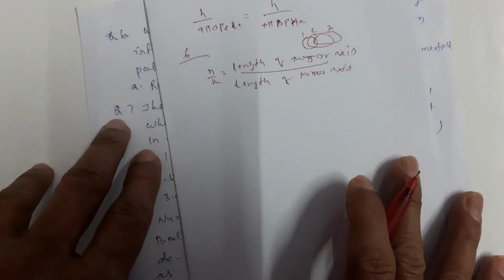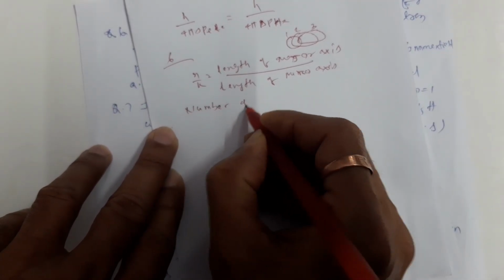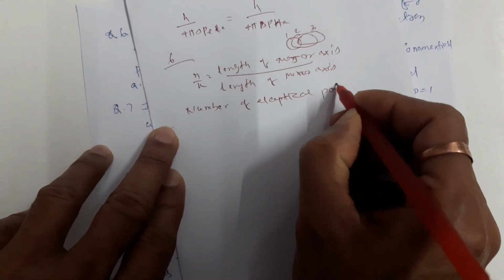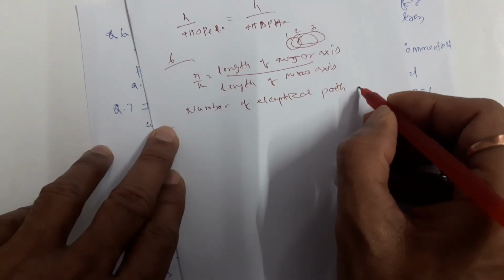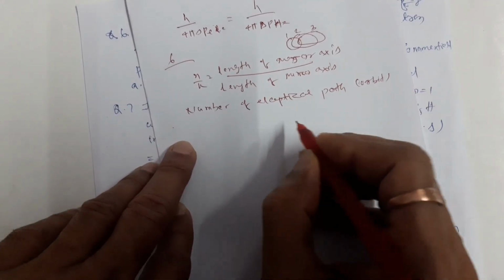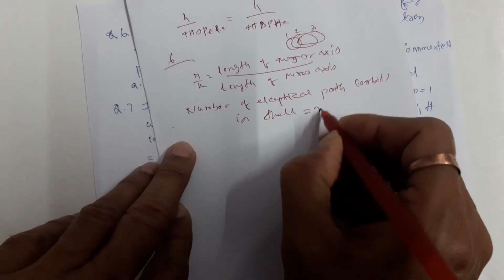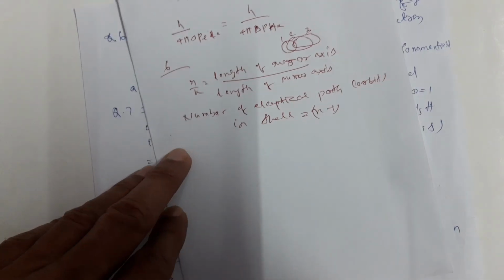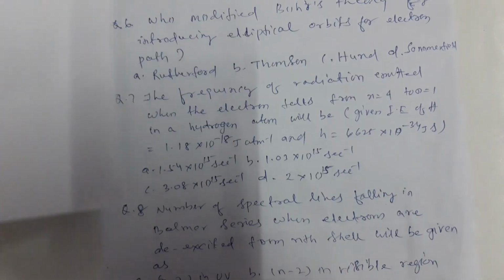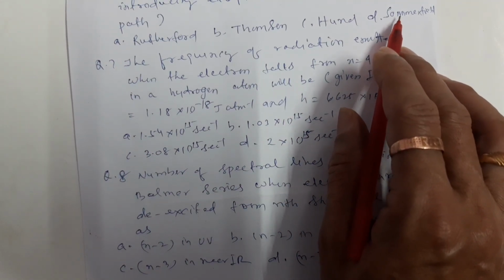The number of elliptical paths, or orbits, in a shell is equal to n minus 1, where n is the principal quantum number. So here the answer is D, Sommerfeld.